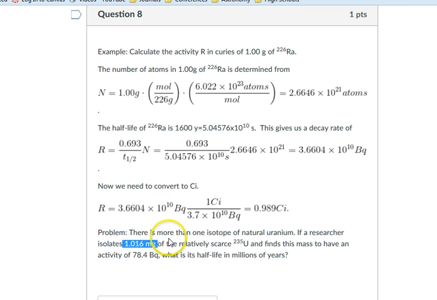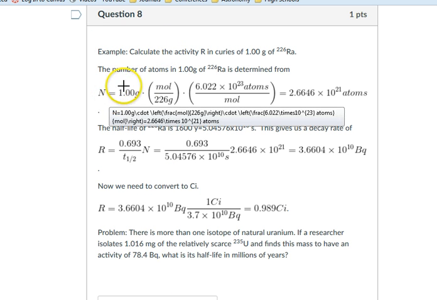Well, this is 0.001 grams, right? So we have 0.001 grams of uranium.